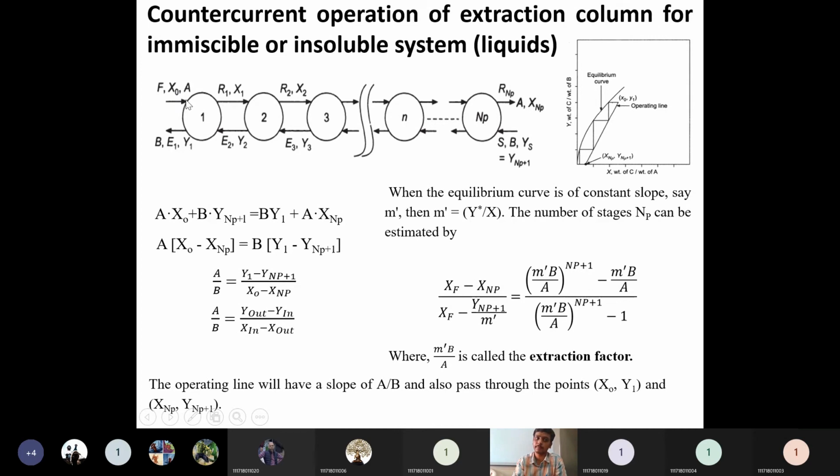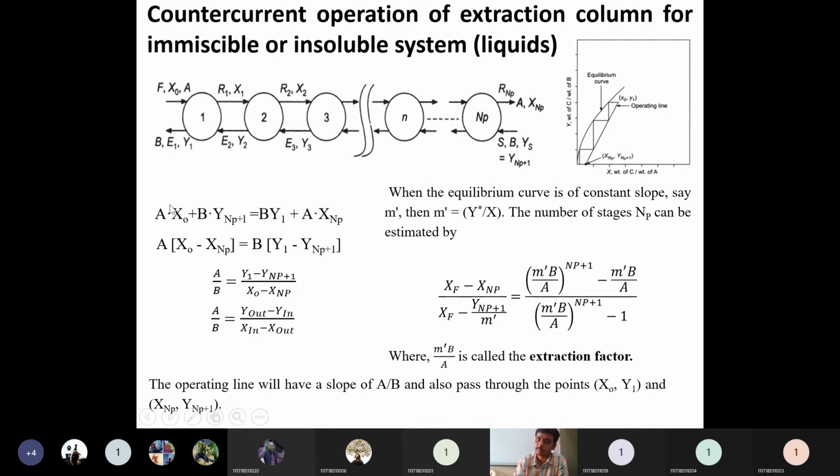They are not miscible with each other. That's the definition of the immiscible or insoluble case, and there we have an advantage. Instead of the feed, we can take A. A into X naught is equal to C, because X naught is nothing but C by A; C by A into A, the A is cancelled and only C is left.